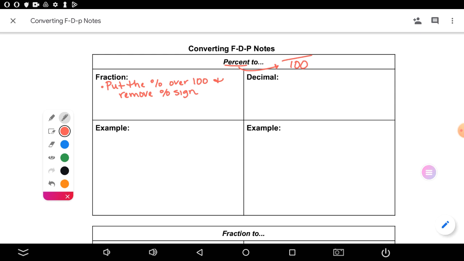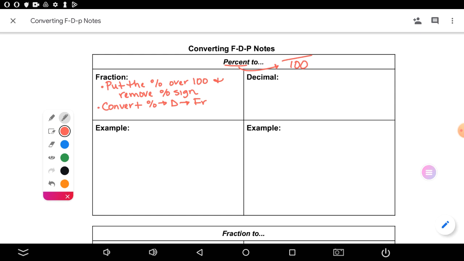That's the easiest way, okay? Or you could convert the percent to a decimal and then the decimal to a fraction. Okay, and I'm just shortening that.